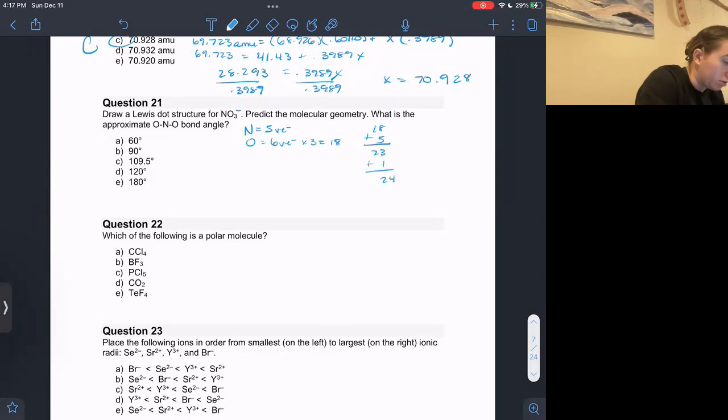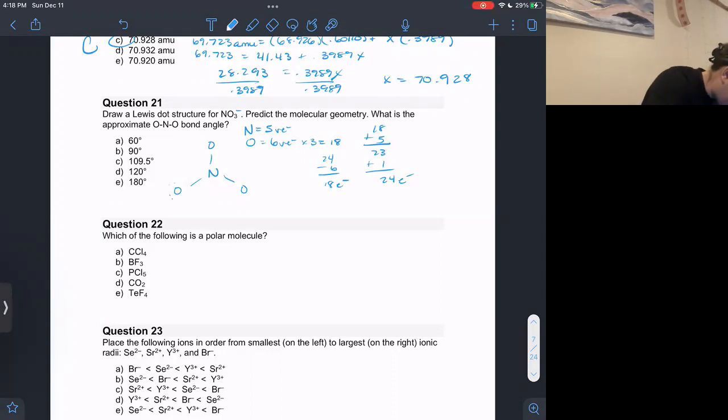So I have 24 total electrons. Okay. Least electronegative goes in the middle, so nitrogen in the middle with oxygens around it, and then 3 bonds. So I have 24 minus 6 is 18 electrons.